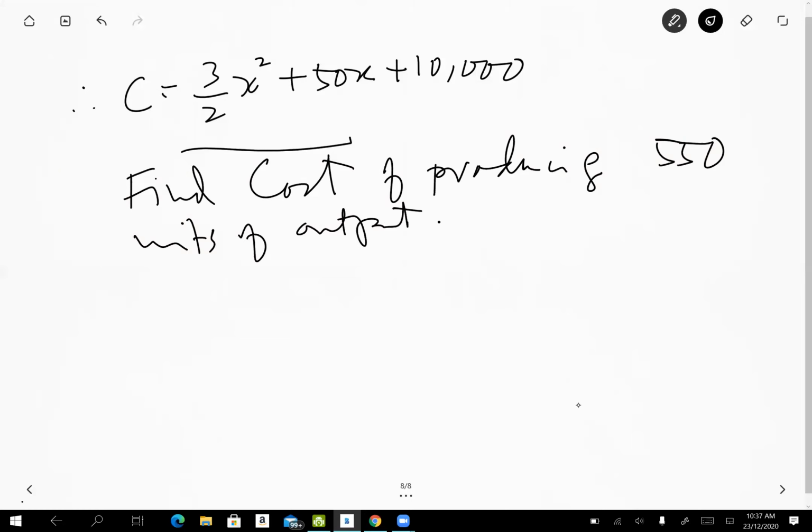So what do we do? How can I find the cost of producing 550 units of output? Substitute into where? Not into x, the cost function.